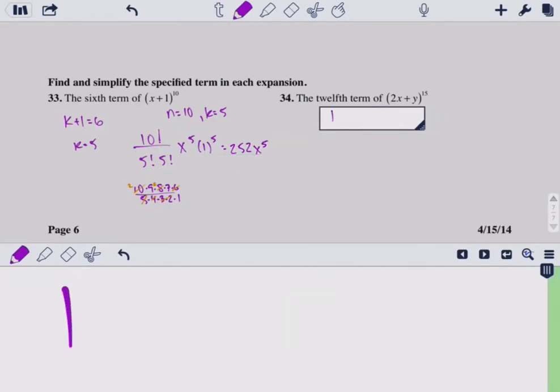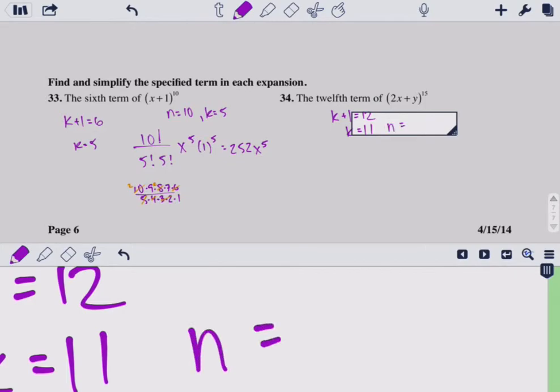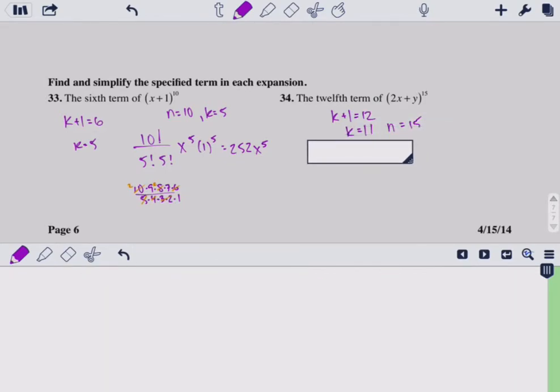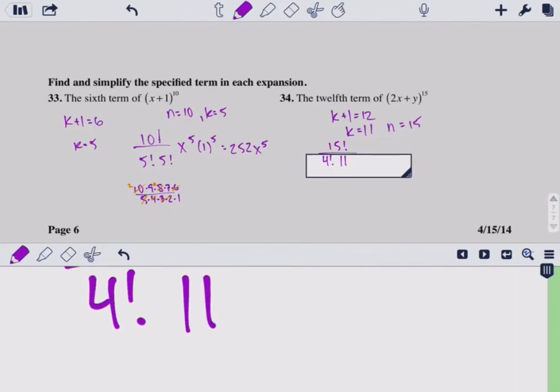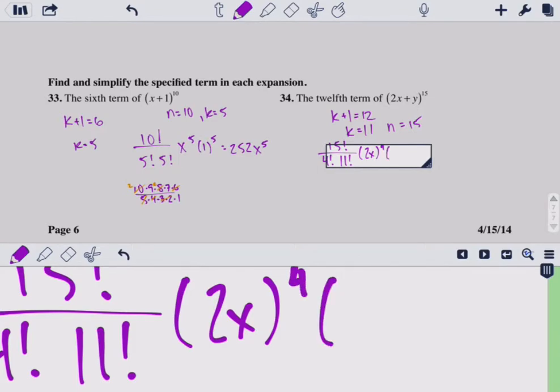The 12th term, k plus 1 is equal to 12, k is equal to 11, n is equal to 15. So I get 15 factorial over 4 factorial, 11 factorial times 2x to the fourth times y to the 11th.